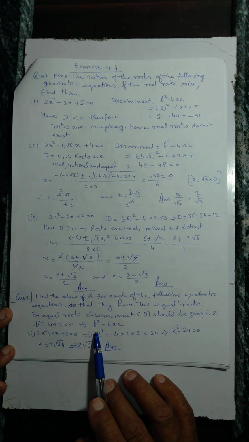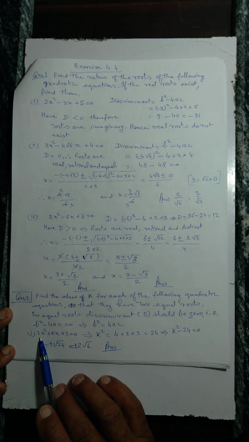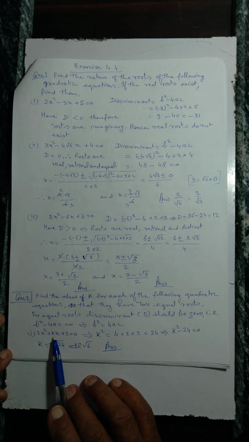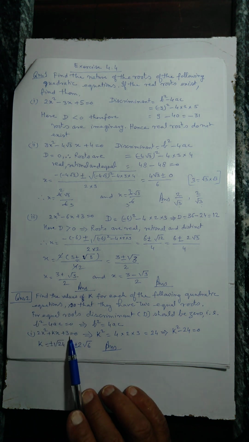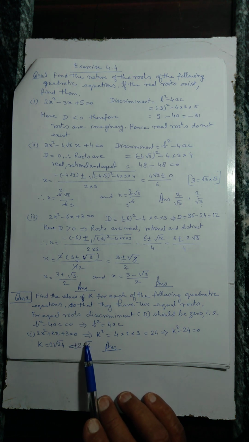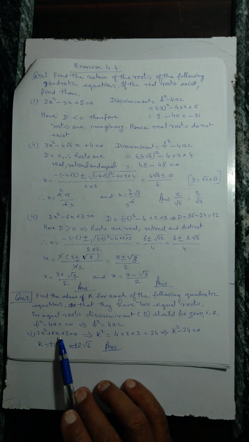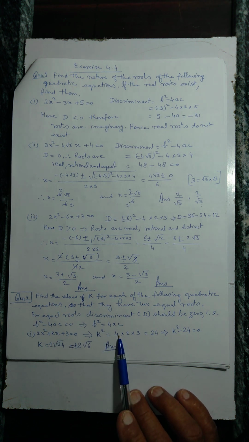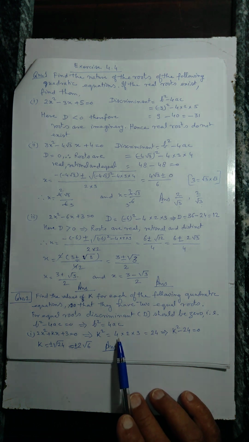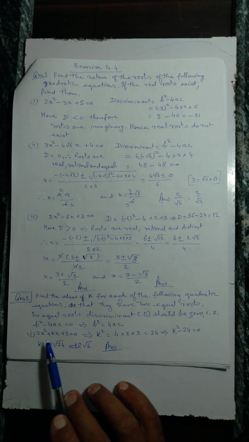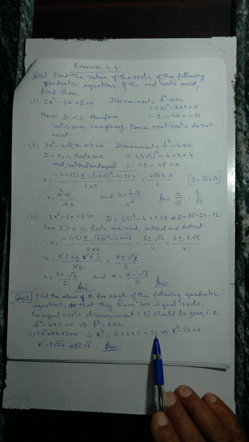That implies that b square is equal to 4ac. Here the equation is given, that is 2x square plus kx plus 3 equal to 0. So you see here b is k, so k square will be equal to 4 into 2 into 3. So it will be equal to 24.